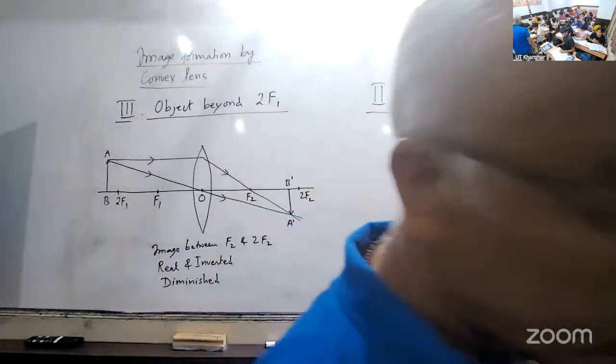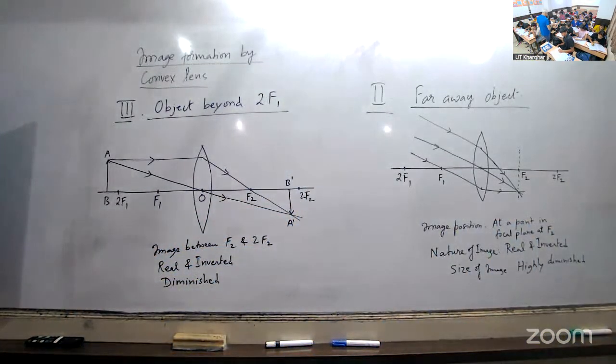So I have written the three characteristics of the image. First, the position is between F2 and 2F. And the nature is real and inverted. The size is diminished.